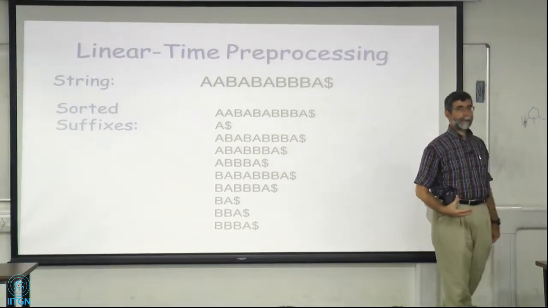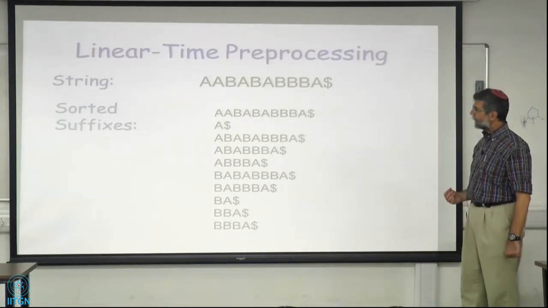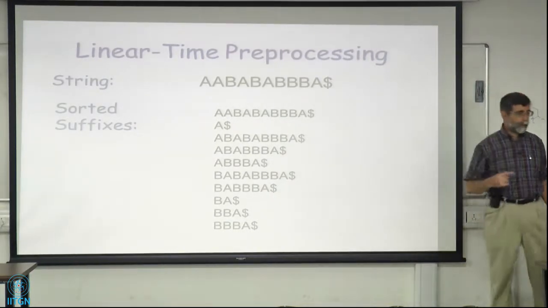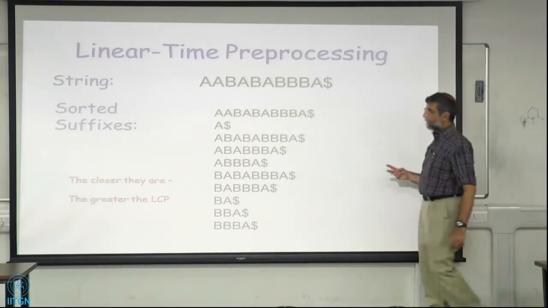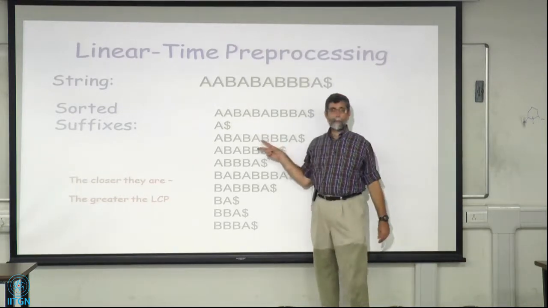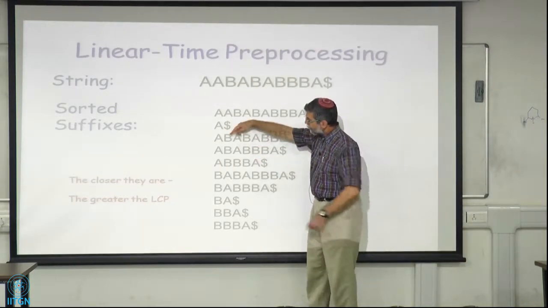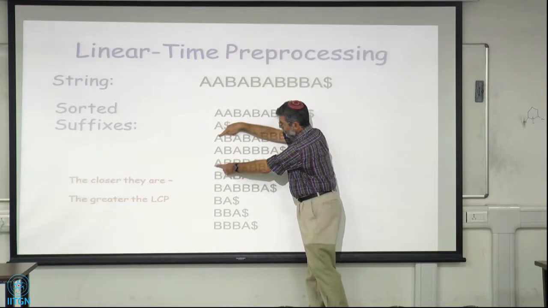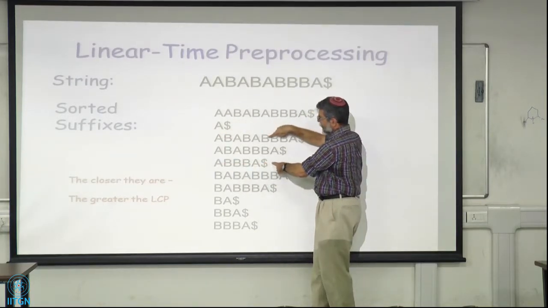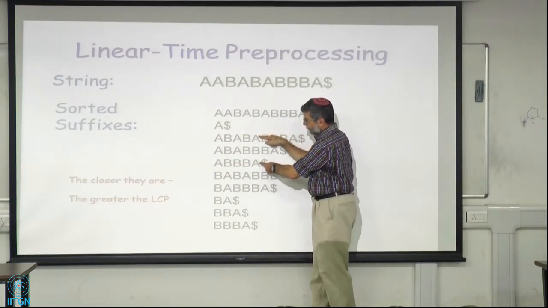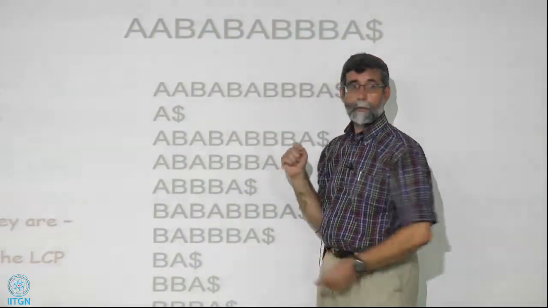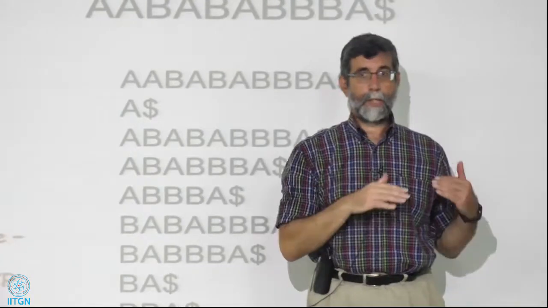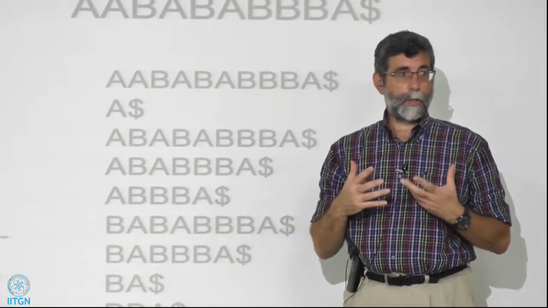But now that we have them sorted, let's look and see something interesting. Within the sorted suffixes, the closer they are, the greater the LCP. Why? Because the LCP between this and this is obviously going to be at least as long as the LCP between this and that, because they're sorted lexicographically.